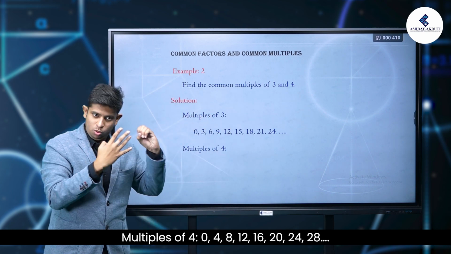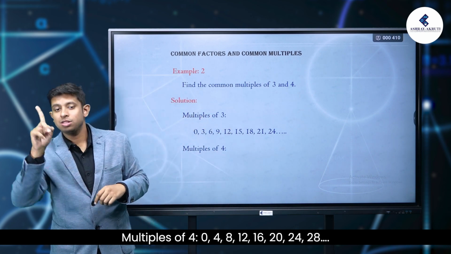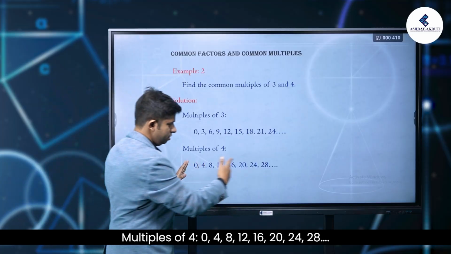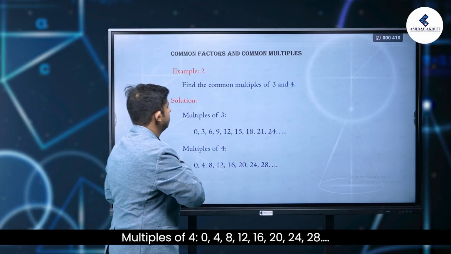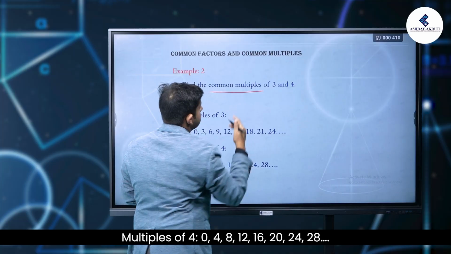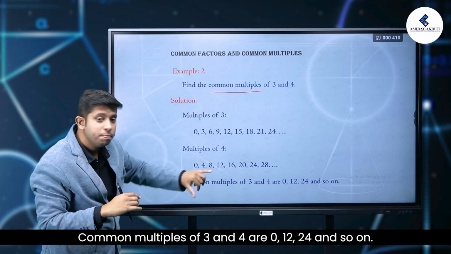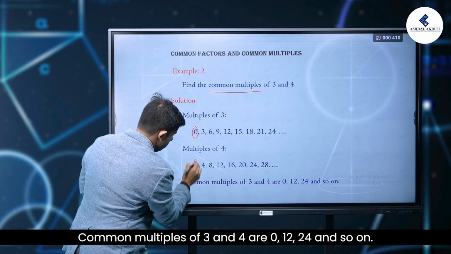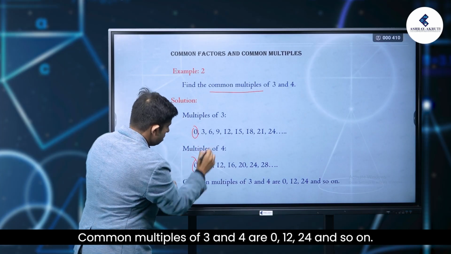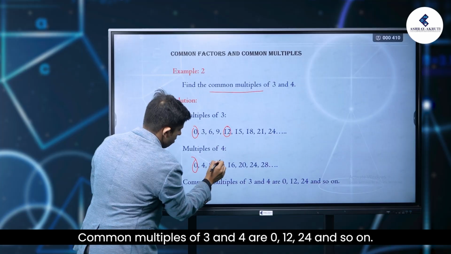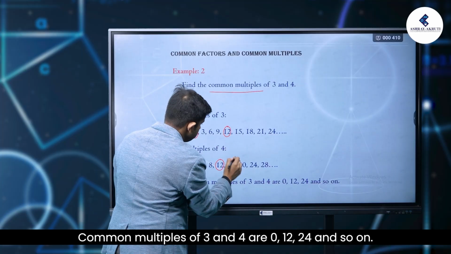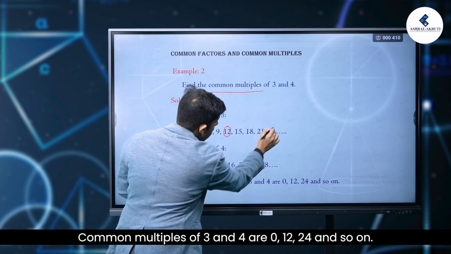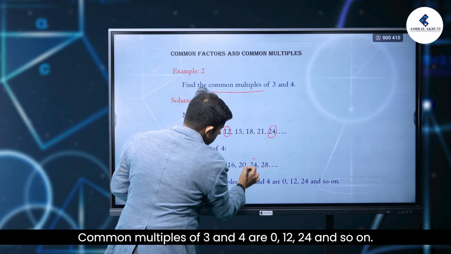Multiples of 4: 0, 4, 8, 12, 16, 20, 24 and 28. Common multiples of 3 and 4 are 0, 12 and 24, and so on.